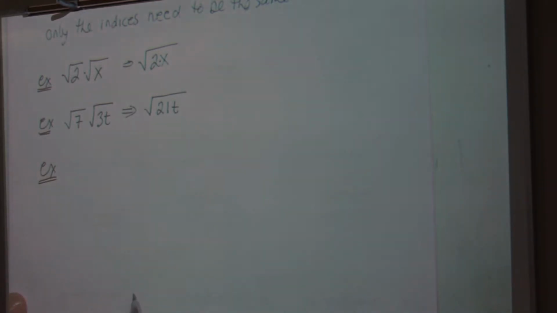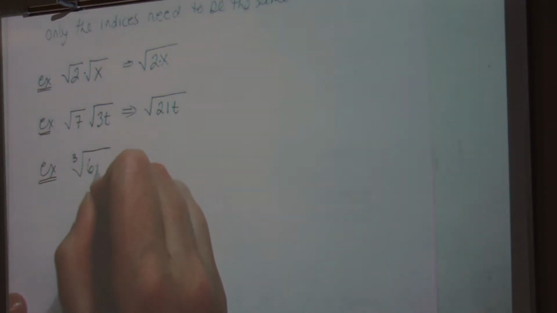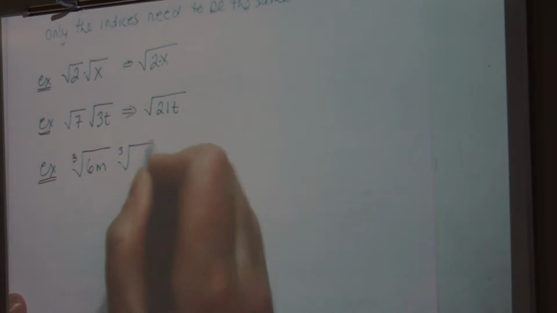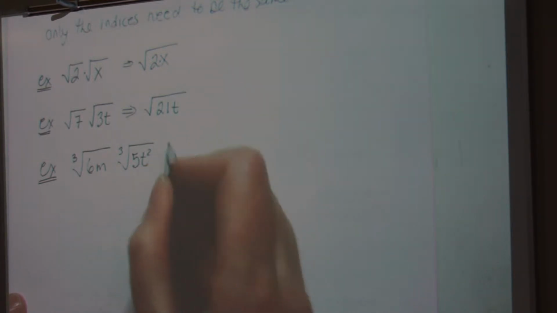All right, what if I give you the cube root of 6m times the cube root of, let's see, 5t squared?